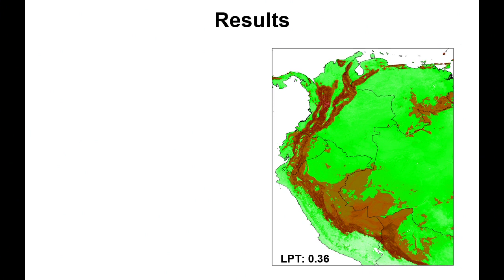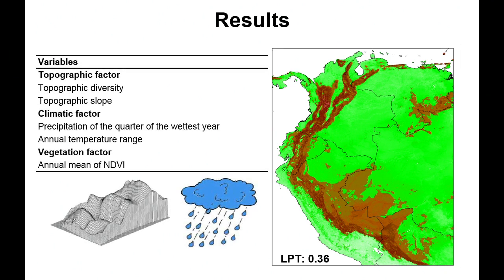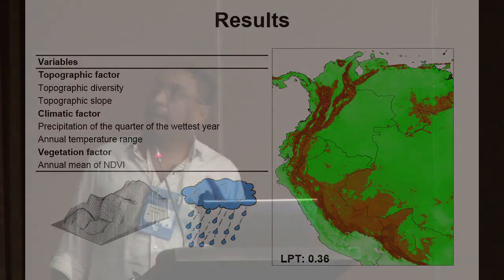We built a potential distribution model, and we found that some variables are linked with the presence of this species: variables linked with topography, climate, and vegetation. Okay? We analyzed what factors are linked with the presence of the species, and we saw some tendencies.